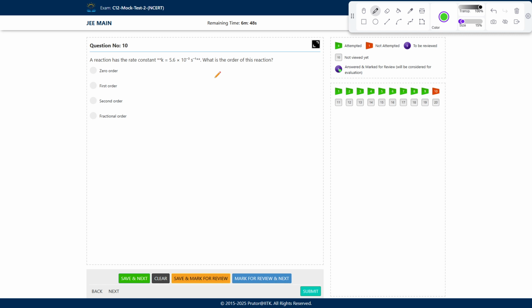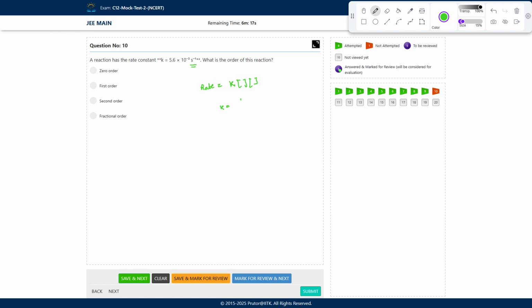Now if you are given the rate constant value in the question, then how can you determine the order from that? The trick is to look at the unit of the rate constant given. Here the unit given is second inverse, and we have discussed how you can determine the unit, basically by this expression, which is rate equals K times the concentration of the reactants, right?